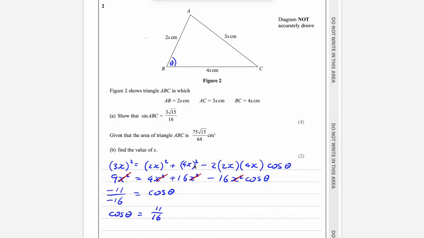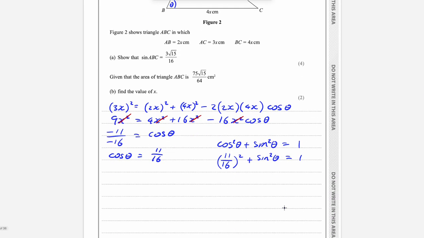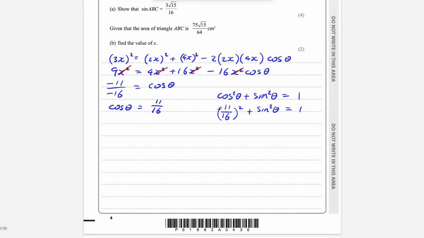Now we need sine of theta, and there are a few ways to do this. We can use the identity cos squared theta plus sine squared theta equals 1. Cos theta is 11 over 16, and squared that's 121 over 256.